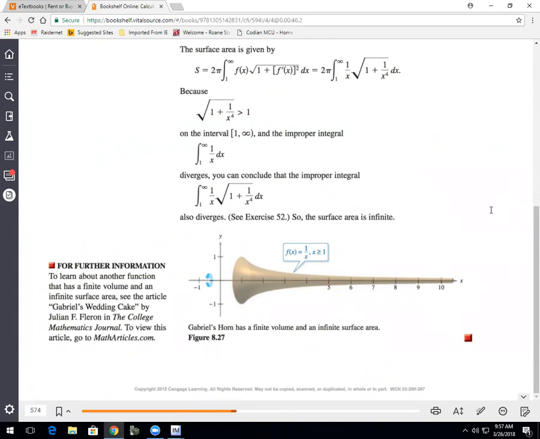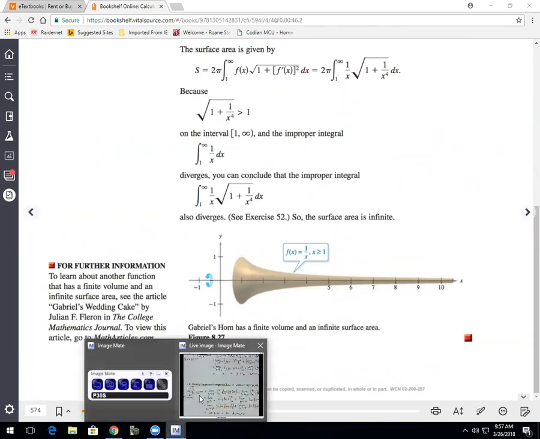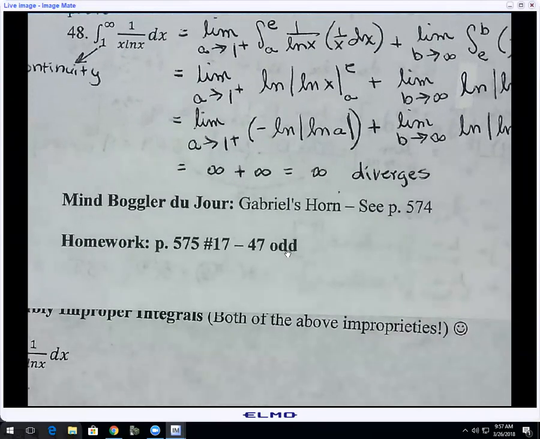Only in theory. All right, that's it. I want you for homework to tackle 17 through 47 at the bottom of the handout.